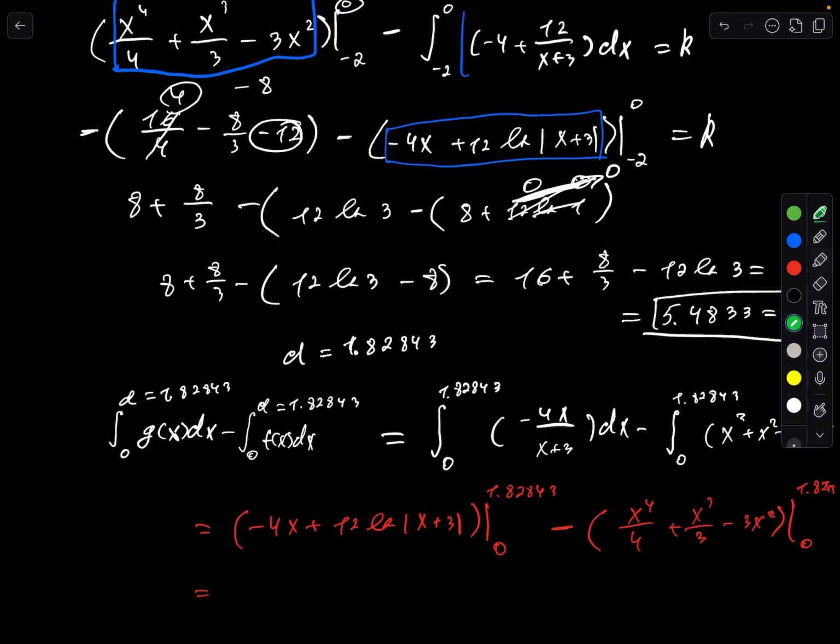All right, so what do we get here? Let me use a calculator to plug in each x, because it's really going to take too much time if I do it manually. So we have g's antiderivative at 1.82843.